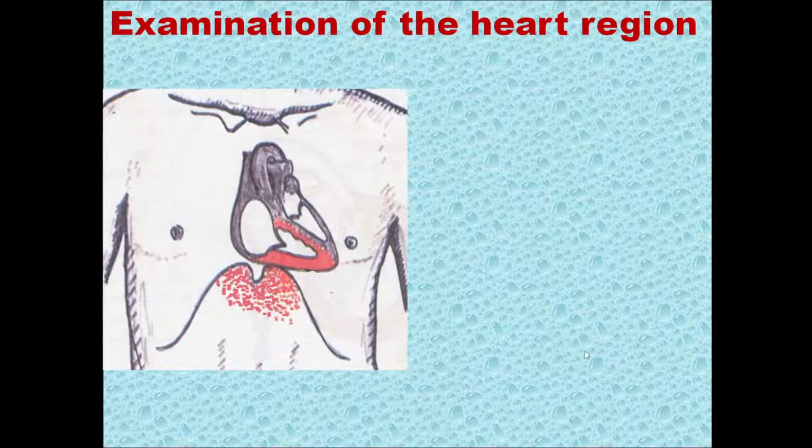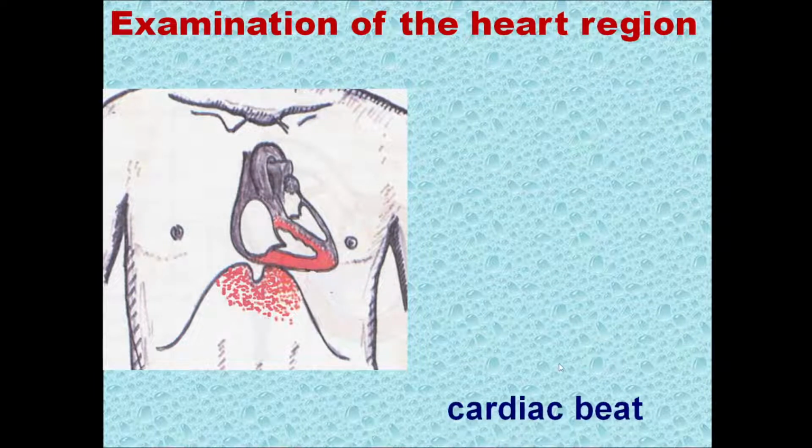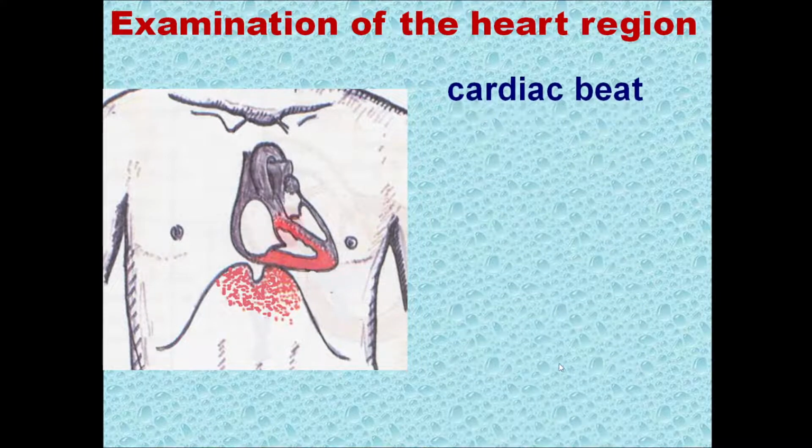Examination of the heart region. Mitral stenosis is characterized by specific symptoms. We can see or palpate the cardiac beat, which is visible, or feel vibration of the absolute cardiac dullness over the right ventricle due to the hypertrophy.